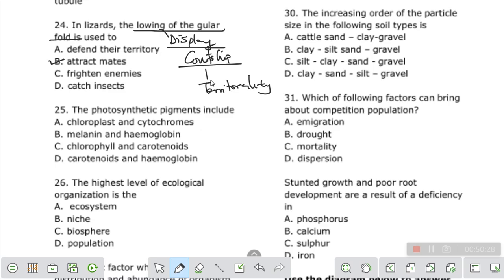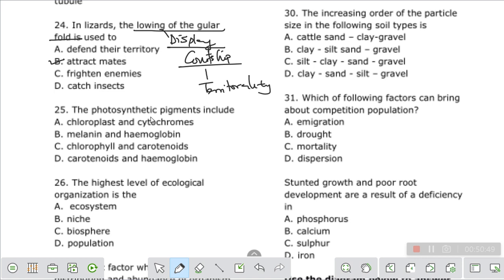I told you that lack of melanin is what causes some people to become albino, right? We are talking about photosynthesis, so why is melanin coming out? It can never be the answer.